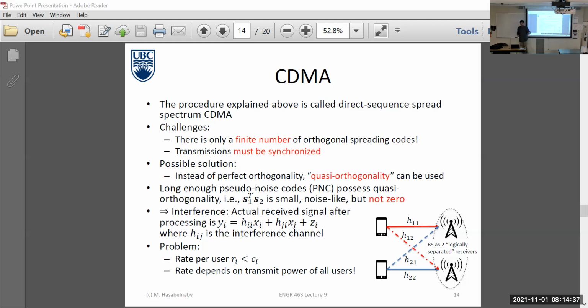Also, we need synchronization. I told you in our last lecture that the problem of CDMA is that we need synchronization in time. Here we need synchronization in codes. The code that each user uses in the transmission must be known at the receiver. This is a very difficult process as we need synchronization between the transmitter and the receiver. This consumes time and processing.